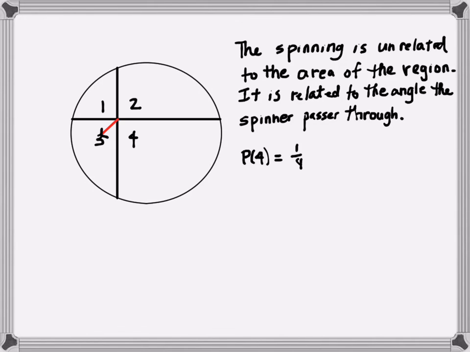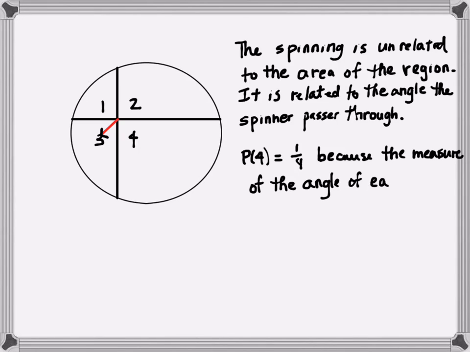So the probability of 4 is 1/4 because the measure of the angle of each section is equal, and there are 4 regions or sections.